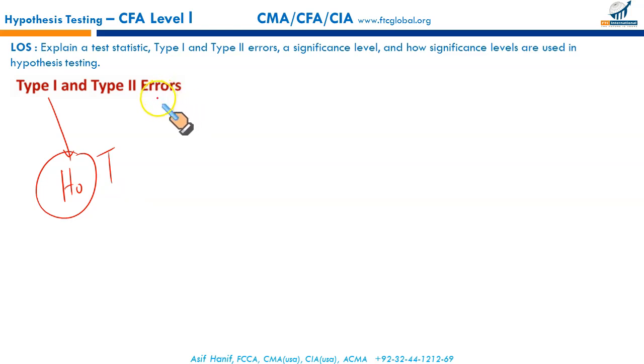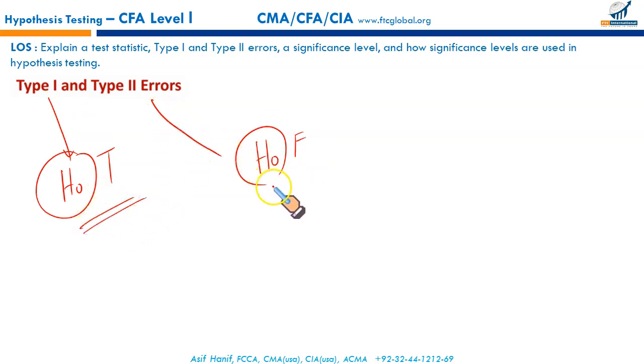To the contrary, type 2 error is the failure to reject a false null hypothesis. The null hypothesis was false, but we did not reject it. So type 1 error occurs when we reject a true null hypothesis, and type 2 error occurs when we fail to reject a false null hypothesis.